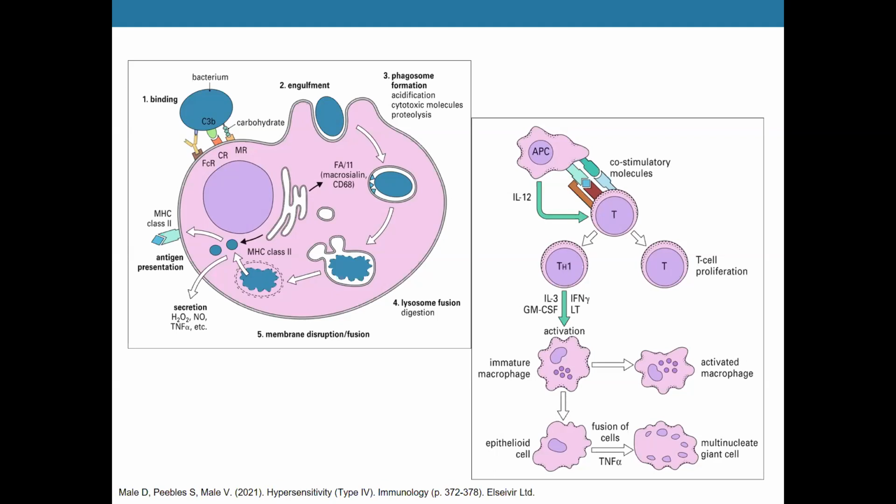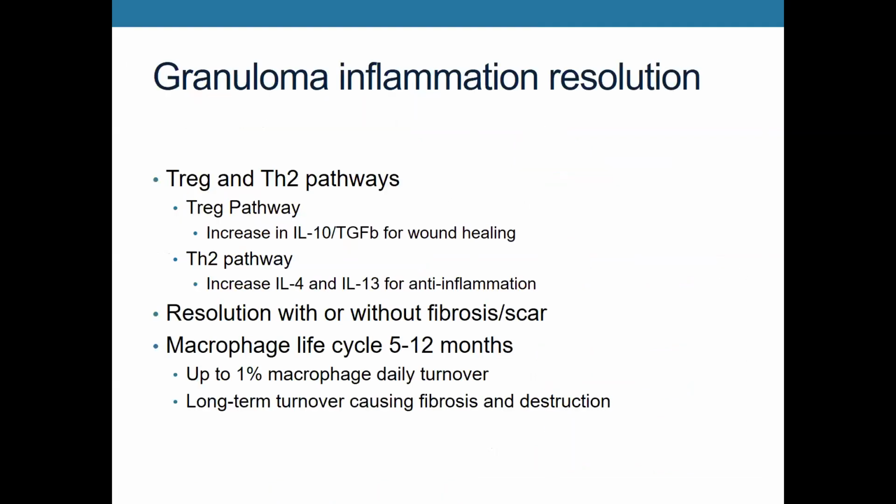So with granuloma inflammation, usually you have to at some point have resolution, and that's where these two other pathways come in with T regulatory cells as well as T helper 2 cells. When we take a look at the reduction of inflammation, we see that a lot of times it's due to APCs and antigens being successfully expressed with switching to the adaptive immunity.